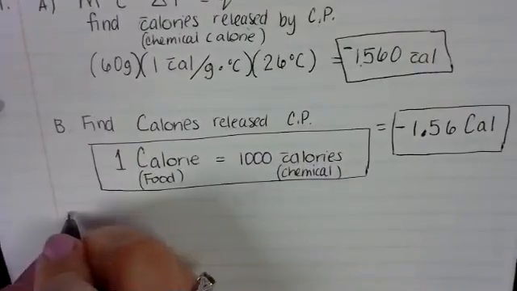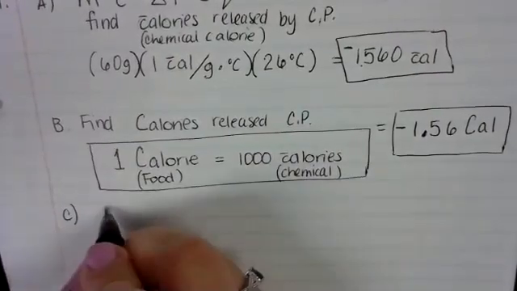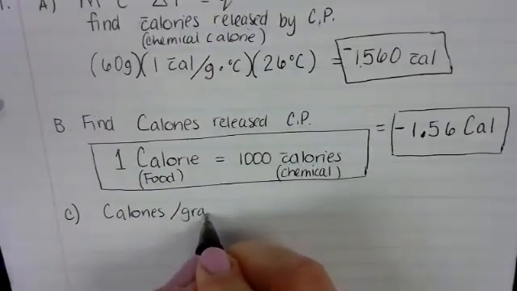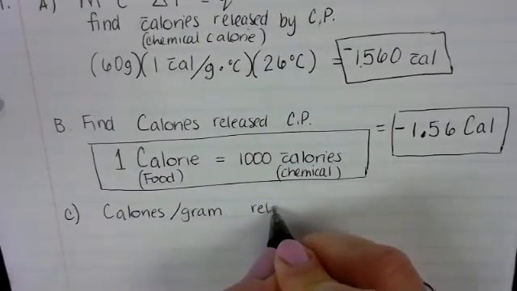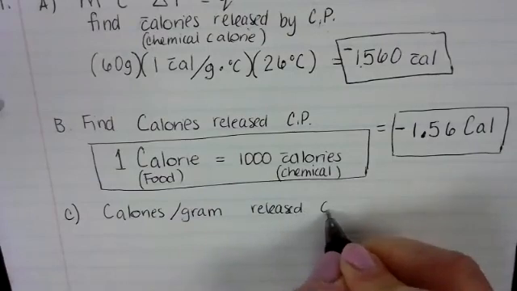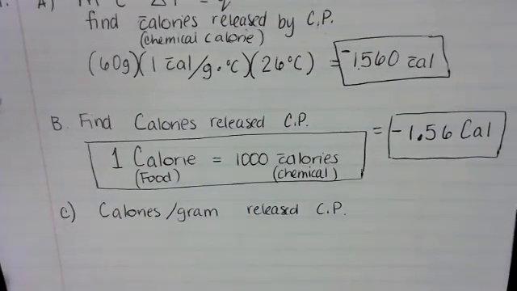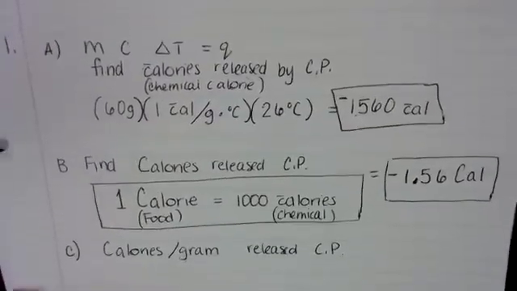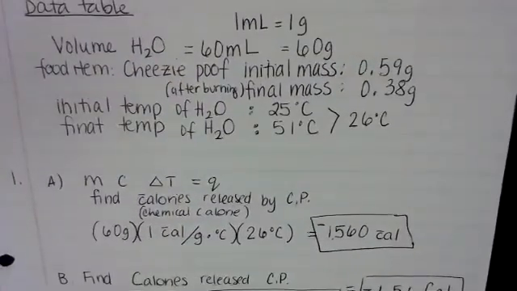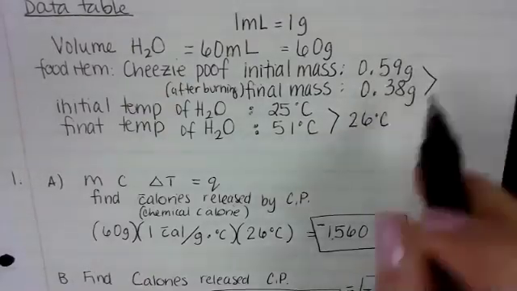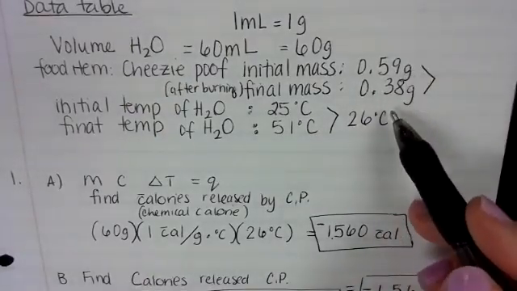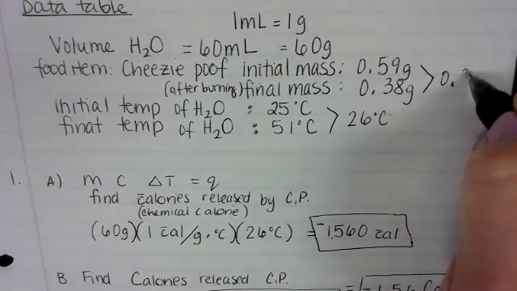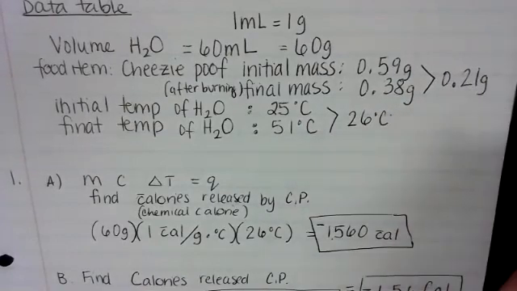All right. The next part asks you to solve for calories per gram released by the cheezy poof. So we now need to figure out how many grams we burned. We can go back to the top with our data table, and take the difference between the initial and the final. You subtract the 2, you get 0.21 grams.